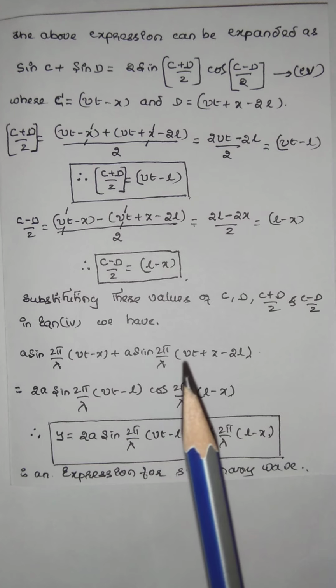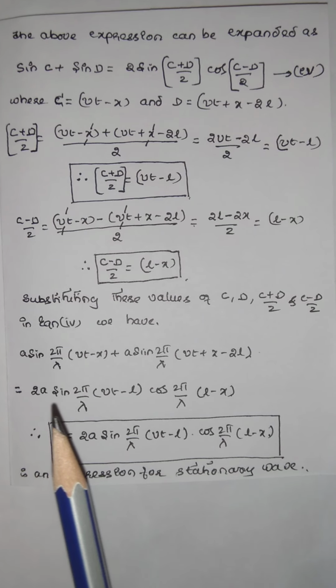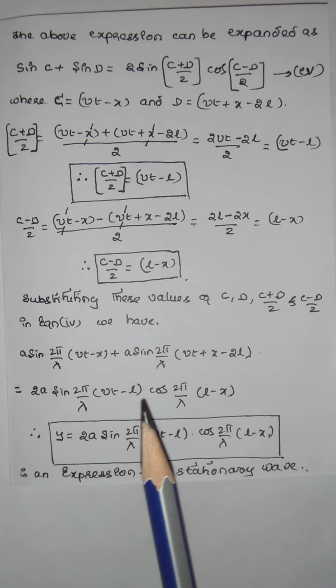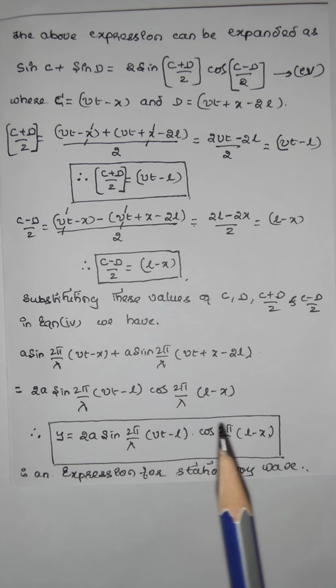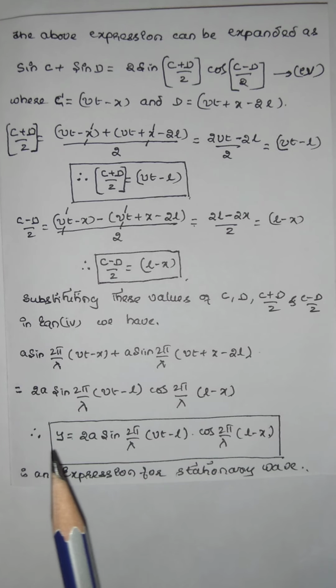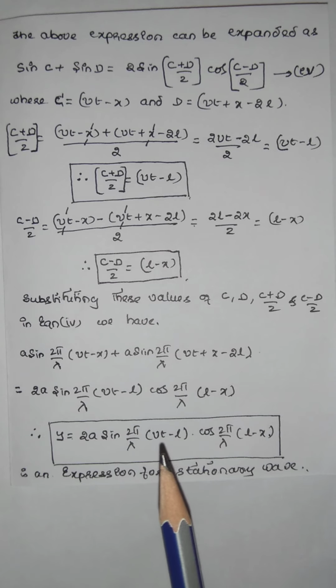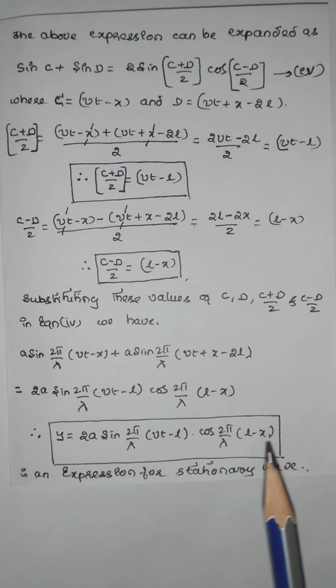On expansion, we get that value as equal to 2A sin 2 pi by lambda into (Vt minus L) into cos 2 pi by lambda into (L minus x). Therefore, the resultant displacement of the stationary wave is given by y is equal to 2A sin 2 pi by lambda into (Vt minus L) into cos 2 pi by lambda into (L minus x), which is an expression for the stationary wave. Thank you.